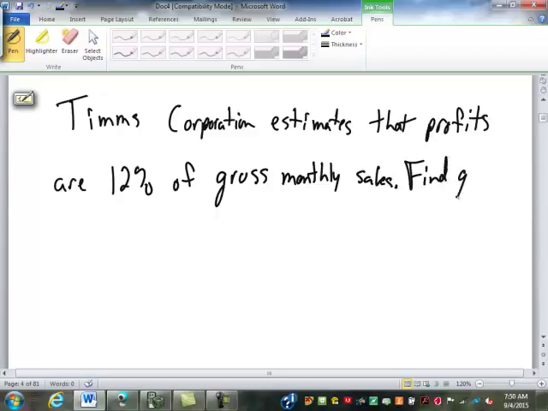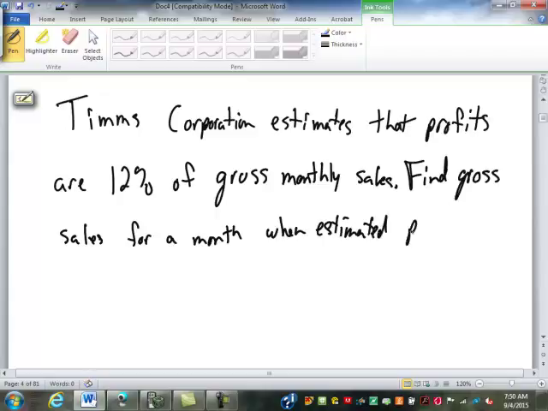Find gross sales for a month when estimated profit is, let's see here, $37,200.